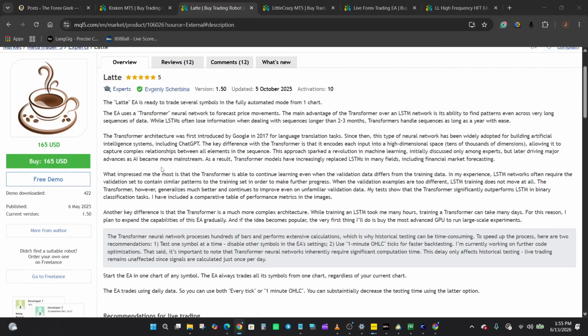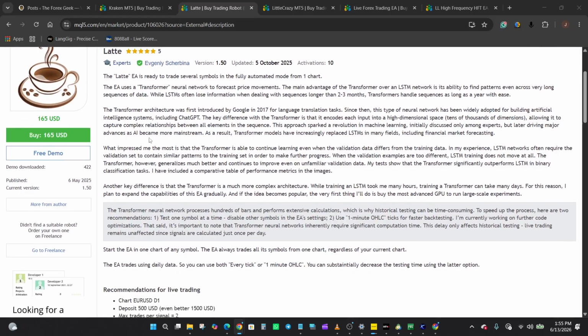Now, as I scroll through the description, one of the main points highlighted by the developer is that Latte EA is designed to trade multiple symbols in a fully automated mode from a single chart. All right, and according to the developer, the EA uses a transformer neural network to forecast price movements.